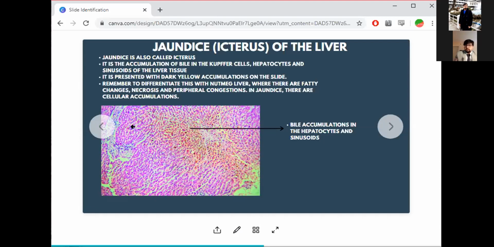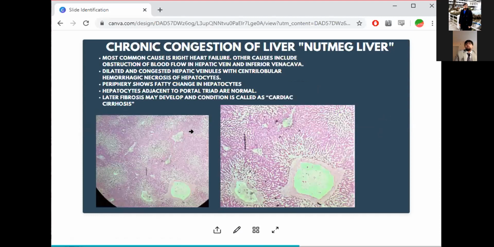The cardinal rule of necrosis in a slide is that there is no cellular outline. Since there are cellular outlines here, I can say that there is no necrosis. I can only see that there is discoloration here, meaning there is only icterus of the liver. That's it.